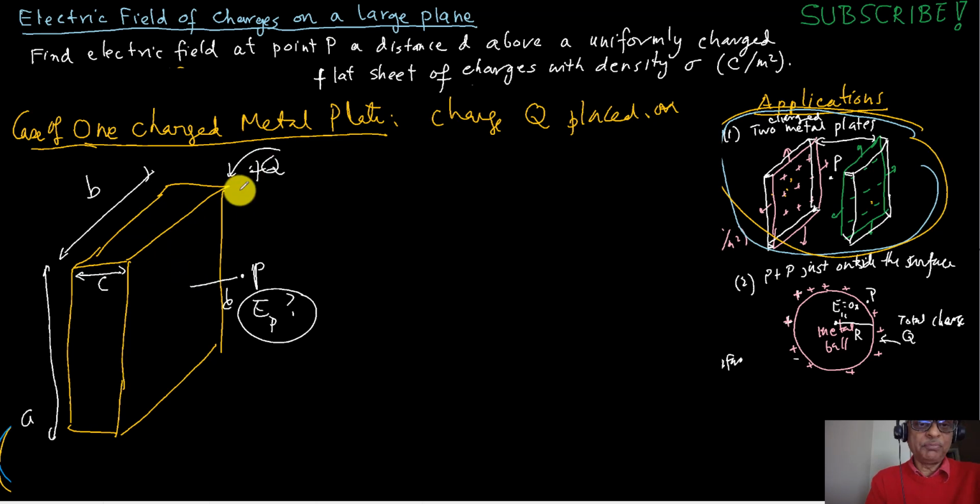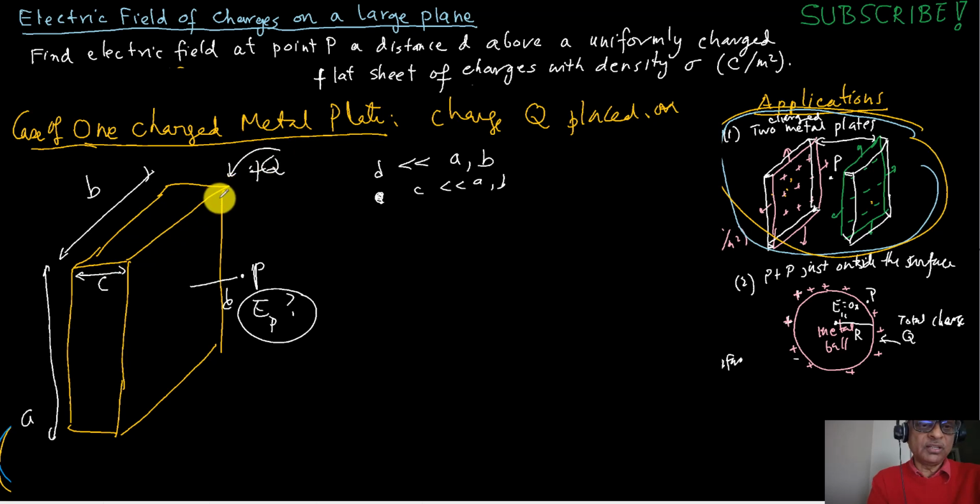So if I place plus q of charge, and the area dimensions for the plates are a and b, and say d is much less than a or b, so that the plate looks infinite from the perspective of this point P. And maybe c is small, it doesn't matter what c is actually, but let's say c is small compared to a and b, so it's a thin plate.